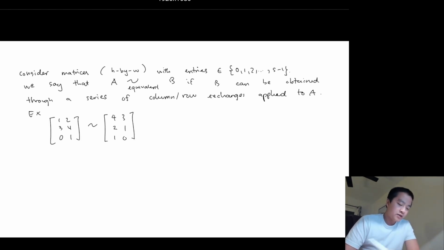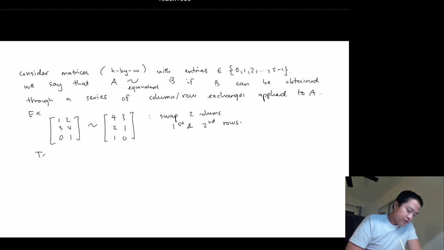So basically we swap two columns and then the first and second rows. Okay, so these are equivalent configurations.